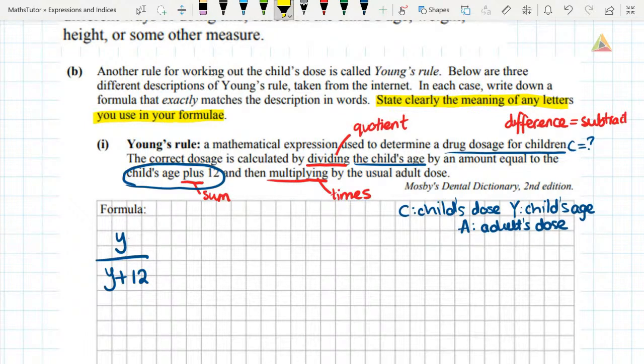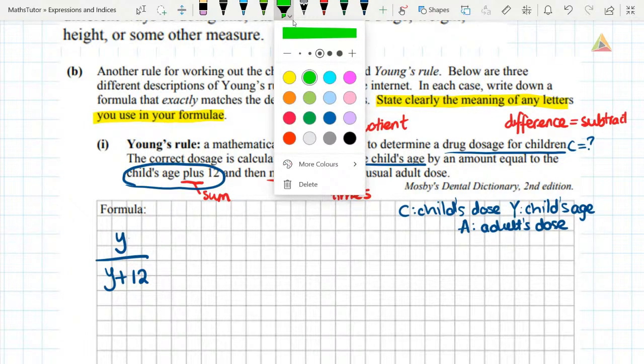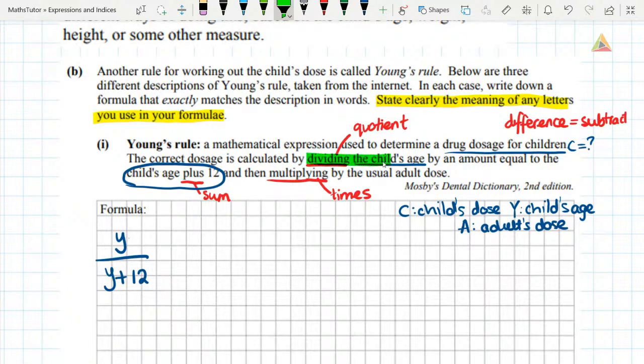So we'll just put in a different color. Dividing the child's age by an amount equal to the child's age plus 12. And then it says, and then multiplying by the usual adult dose. So then we're going to multiply that by the adult's dose. So this is our formula, and this is going to be equal to our child's dose.